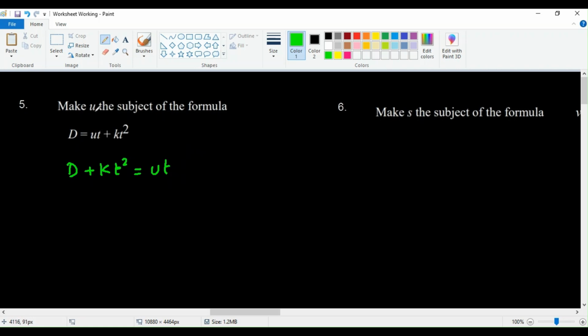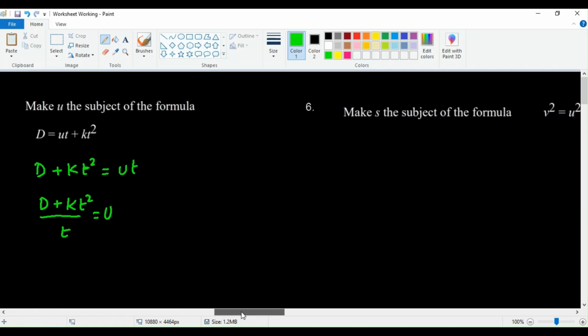Now once we make u the subject, you don't touch u, just take t on the other side, and you will get the answer for this. You can write u here, or you can write it on the other side. Both are the same, it doesn't really matter. Even if you write here, you get full marks.